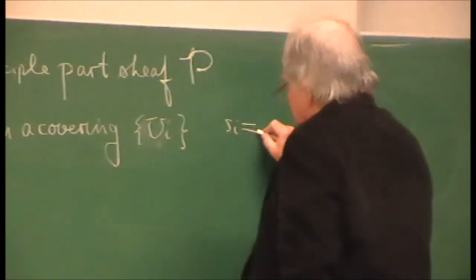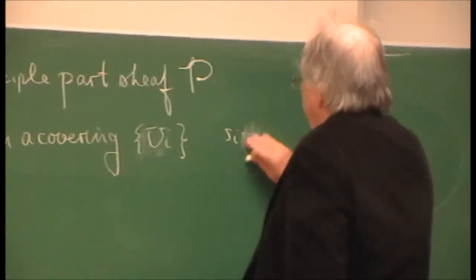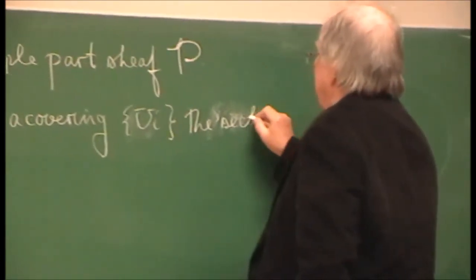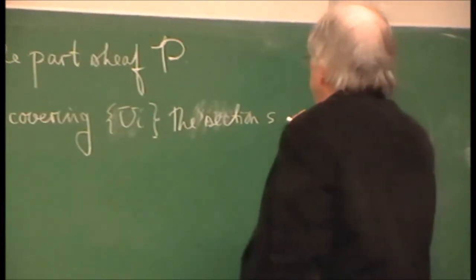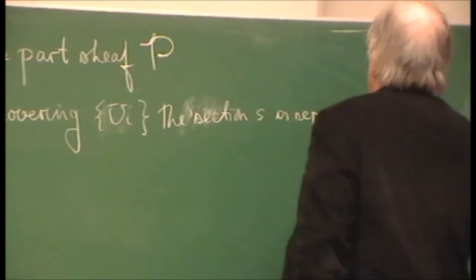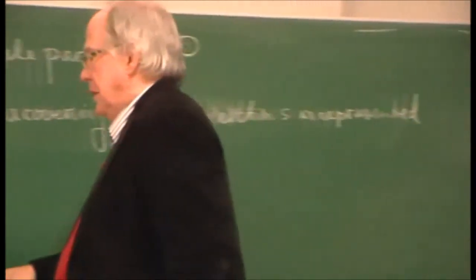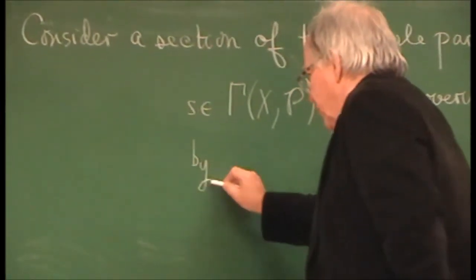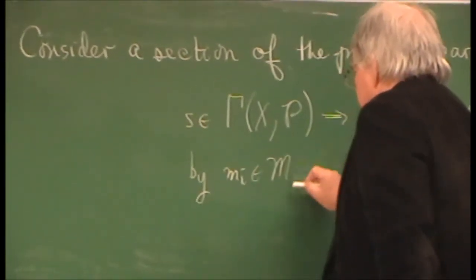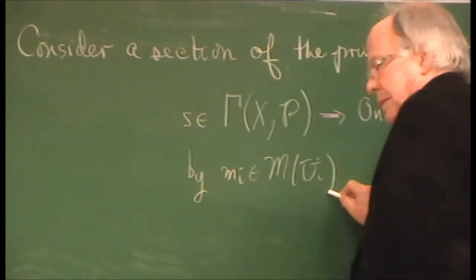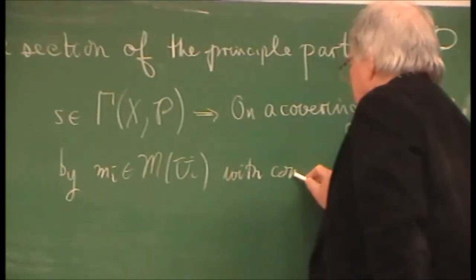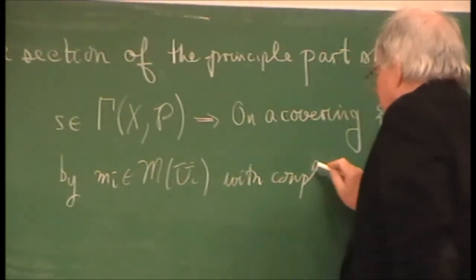So the section S is represented by a meromorphic function M_i, meromorphic on U_i, with compatibility. I mean, it has to be compatible.